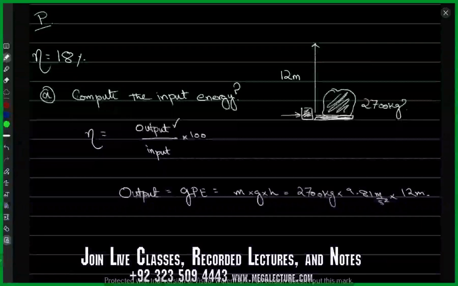So this is the useful work or the output work, or you can give it any name for that matter, but it's the useful work done, which is exactly equal to the gravitational potential energy of the mass.